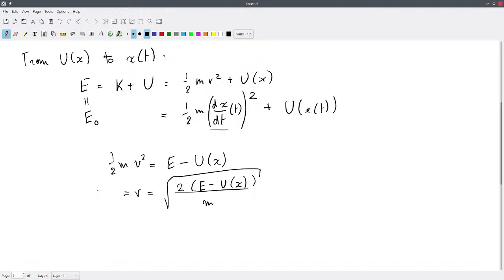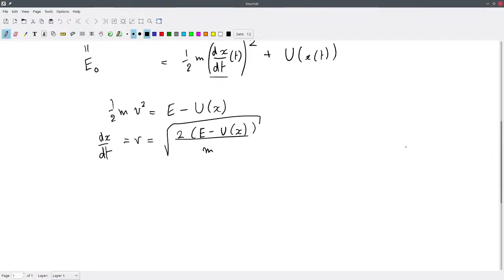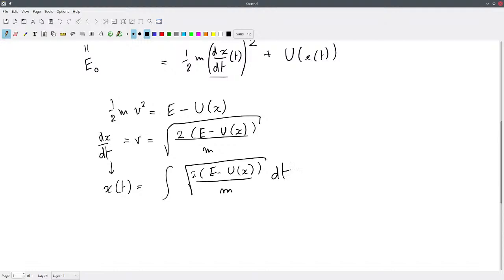And that's equal to dx/dt, the derivative, right? So you might say, well, if this is dx/dt, then I can take the integral. So I get x as a function of time, which will be the integral of the square root of 2(E minus U of x)/m dt, right?